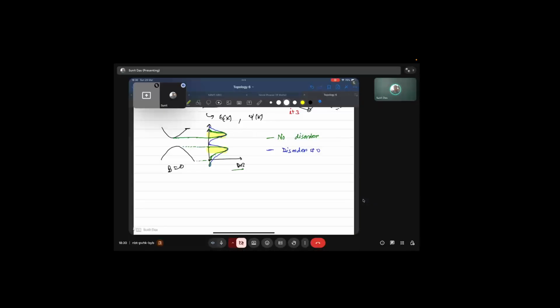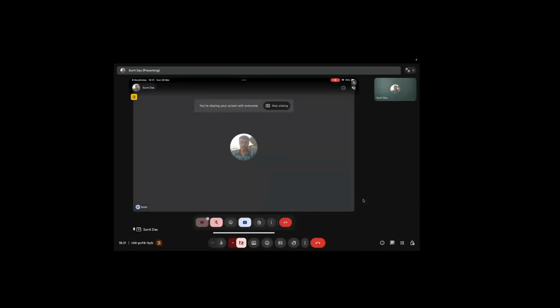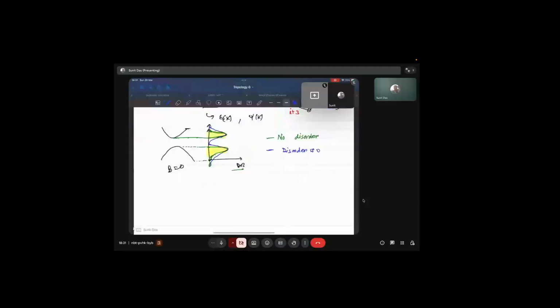So I'm highlighting by yellow color, let's say. So these are called mobility edge.